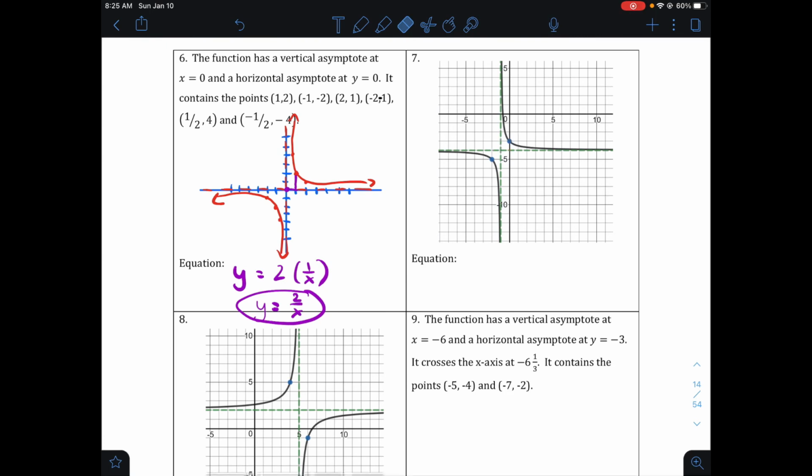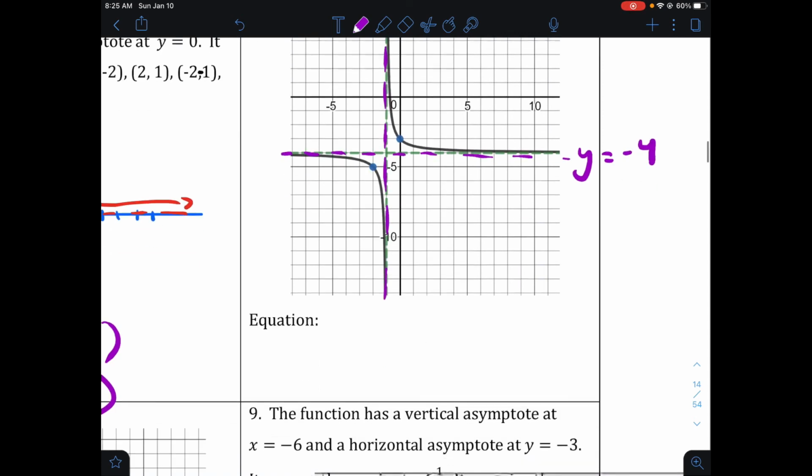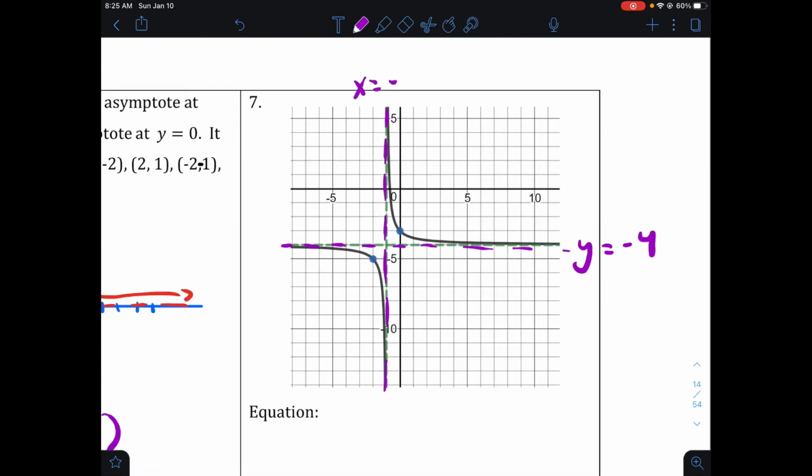Cool. So let's go ahead. We'll try number 7. So for number 7, we have our horizontal asymptote at y equals -4. We have our vertical asymptote at x equals -1.